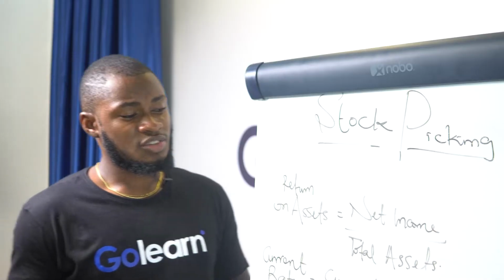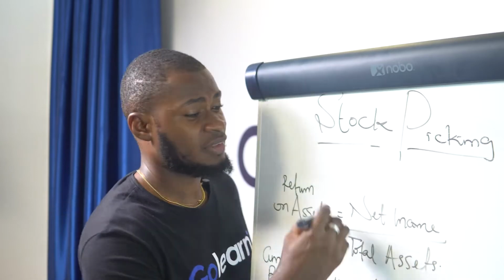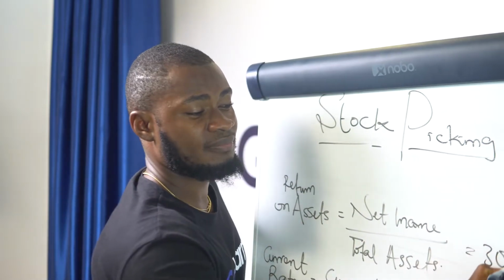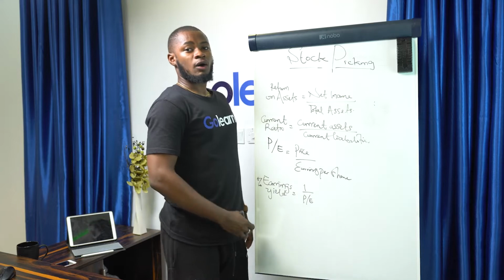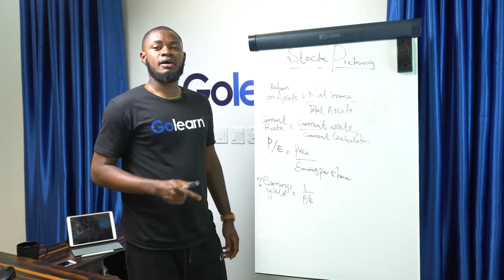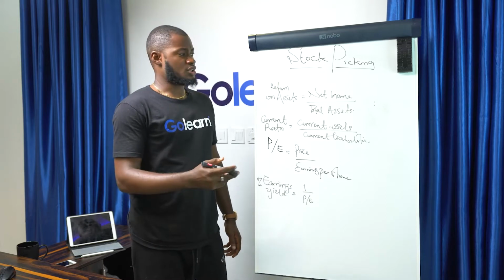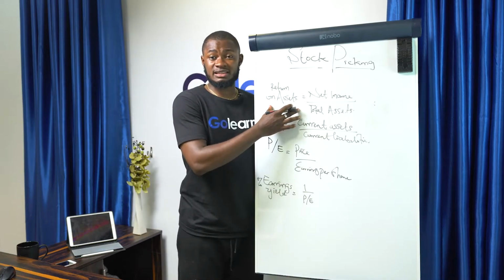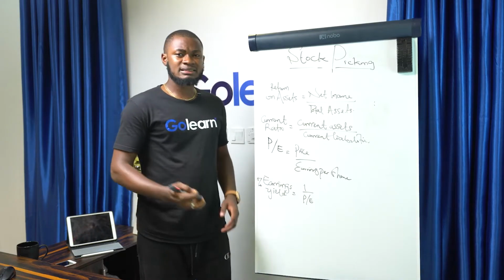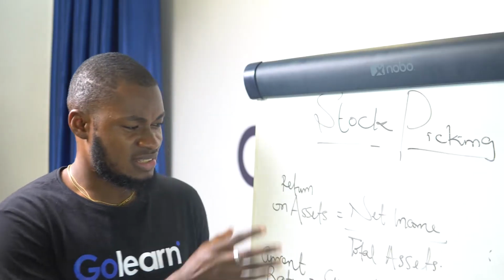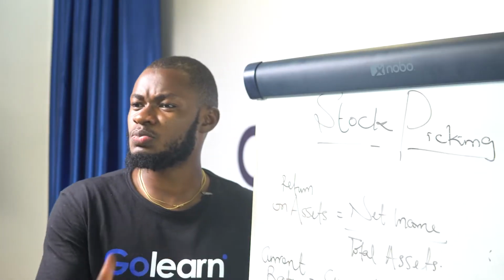So sometimes you might be seeing a return on assets of 30%. If you want to know how efficiently the management is using the assets of an enterprise to produce profits, you have to calculate the return on assets.